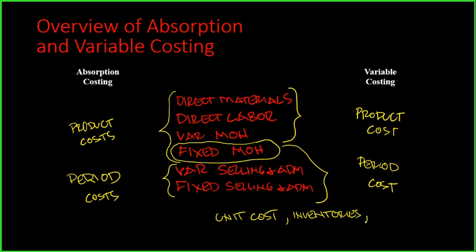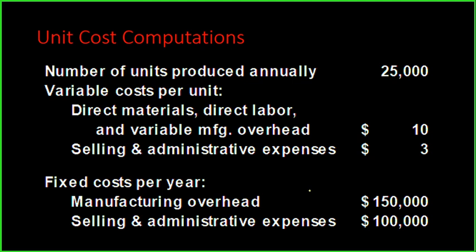Aside from that, there will be a difference in the net income. Ayun. Which will be considered to be the common questions, no, in this topic. Variable versus absorption costing. Okay po? So, ayan. Anyway, let's continue.